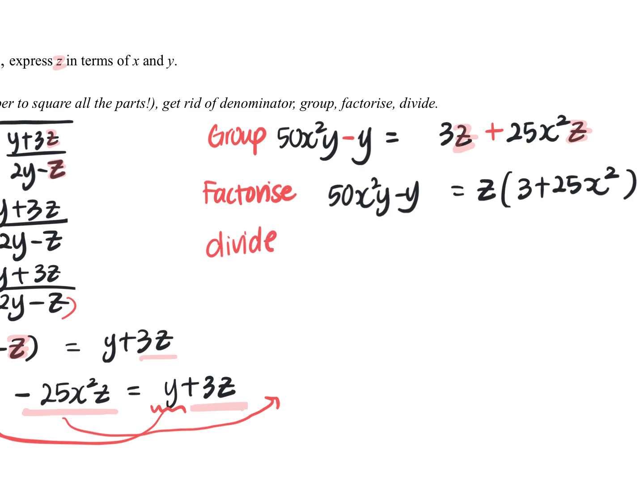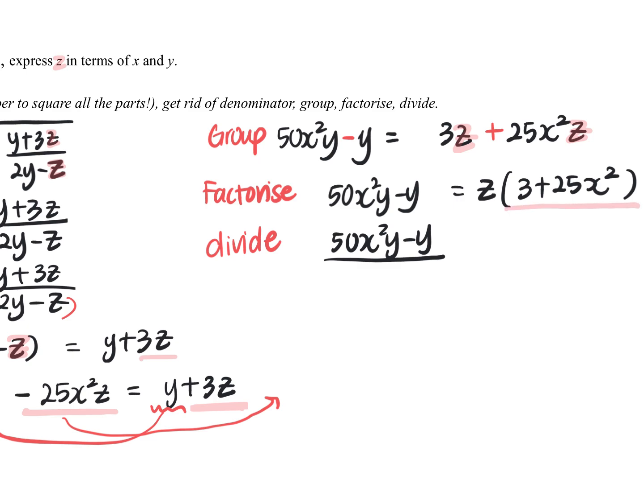Then last but not least, we'll do a division. Divide. Okay, so we're going to do a division. And we'll end up with 50x squared y minus y over the whole of the denominator over here.